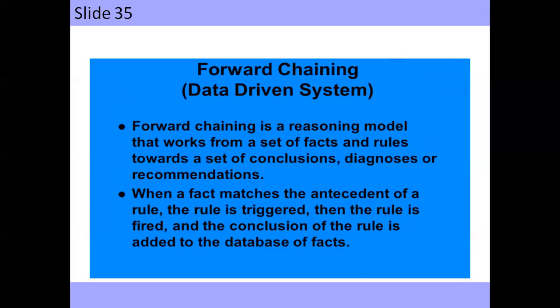Each rule is able to produce a new condition from the conclusion of the invoked one. So when a fact matches, the rule is triggered. Then the rule is fired and the conclusion takes place from that fact.